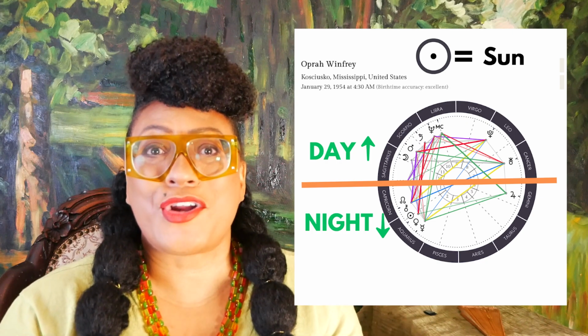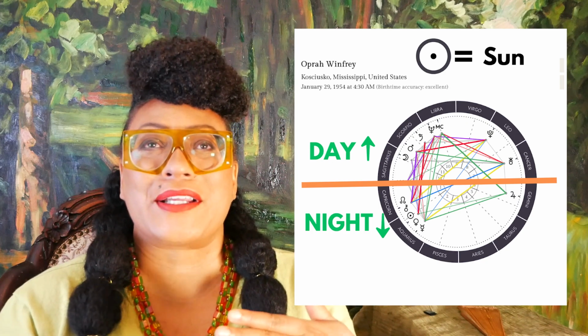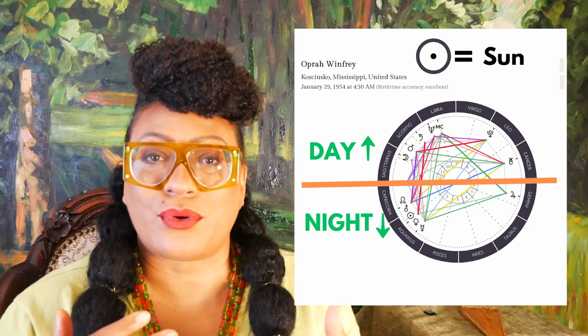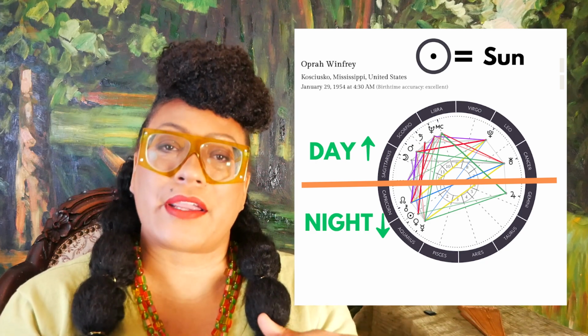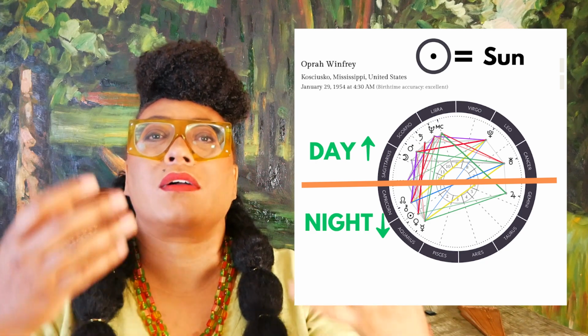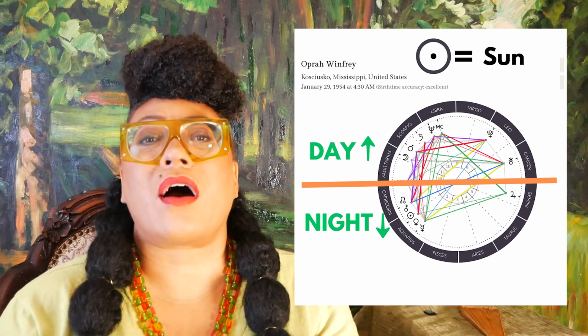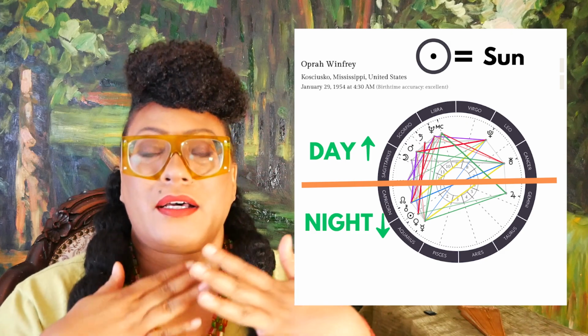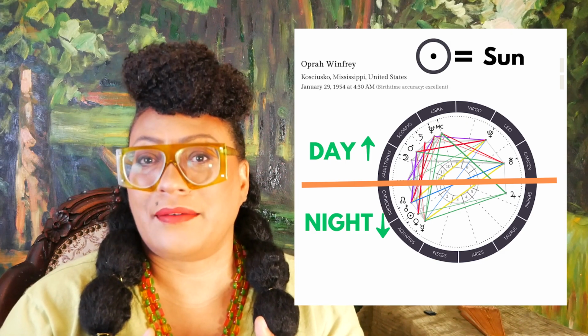So even though she's known to millions across the world, I would definitely say that her work and life fit in the category of being a night chart, in that it was often about, I want to share with you this internal experience that I had, if that makes sense.